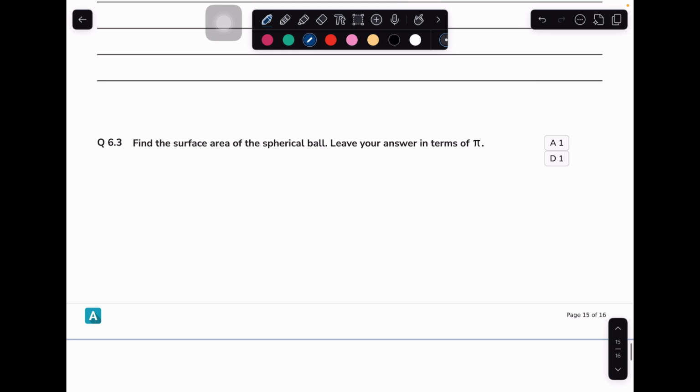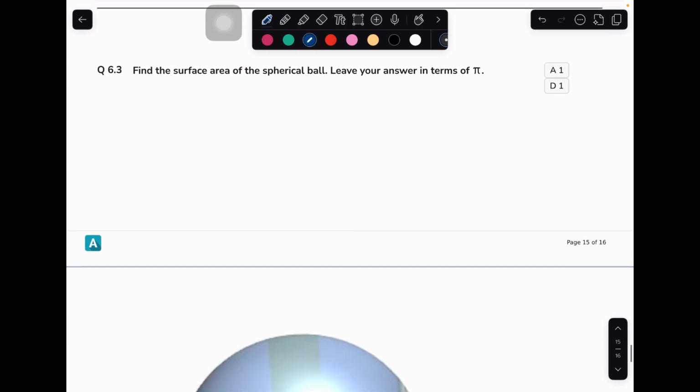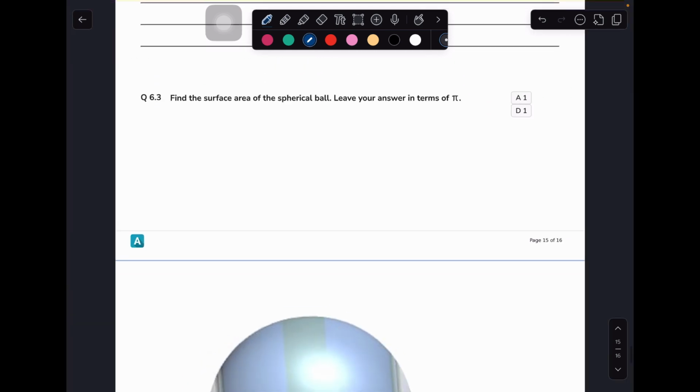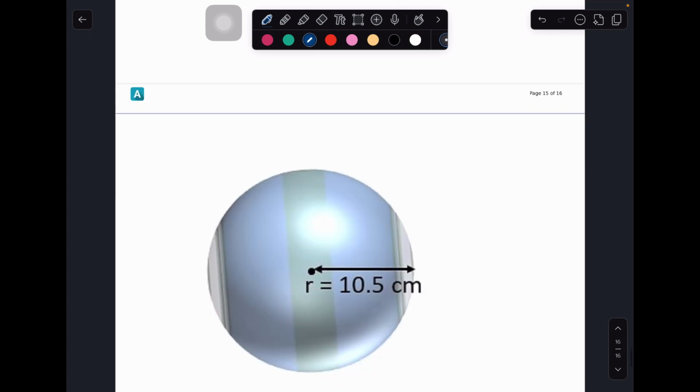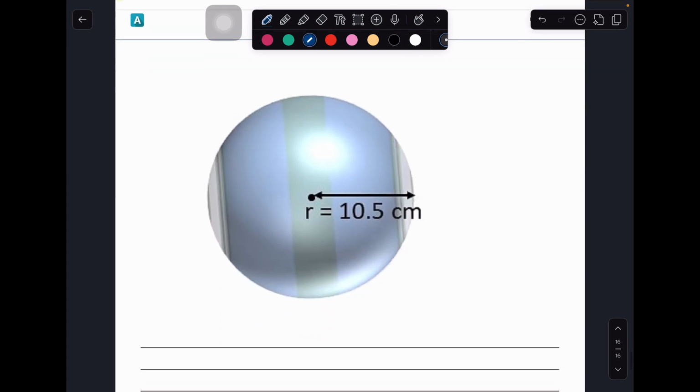And then here we have: find the surface area of the spherical ball. Leave your answer in terms of pi. Again, this is one of the formulas in your formula booklet, so do make sure that you are using those formula booklets. They are there to help you.